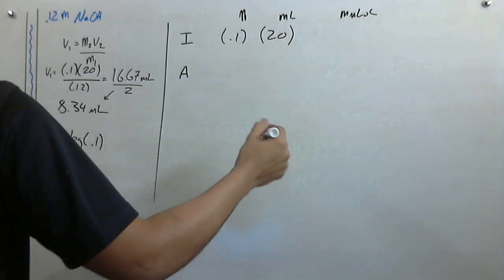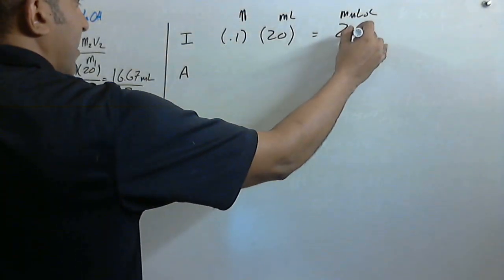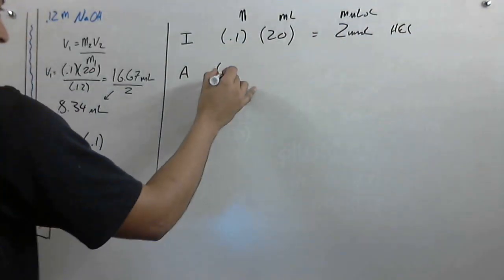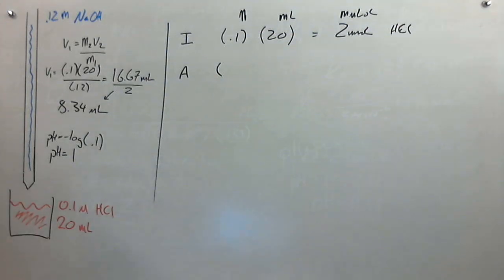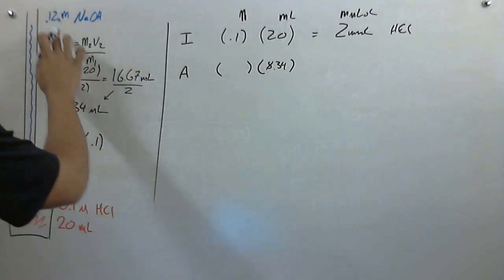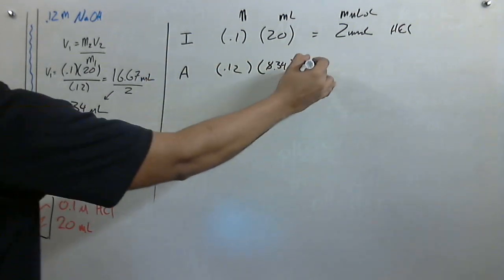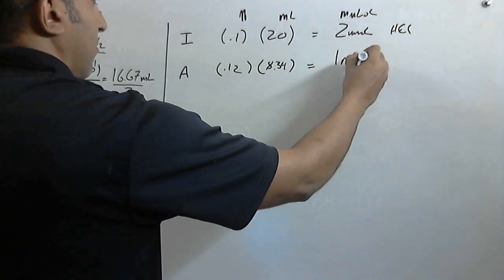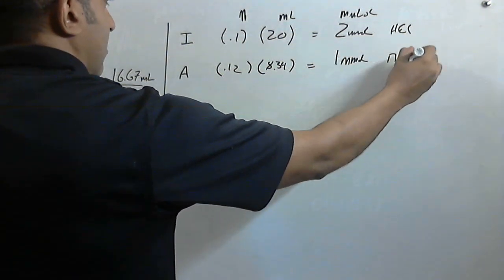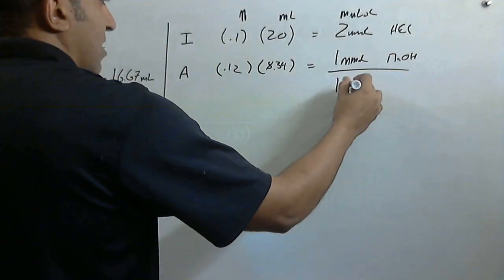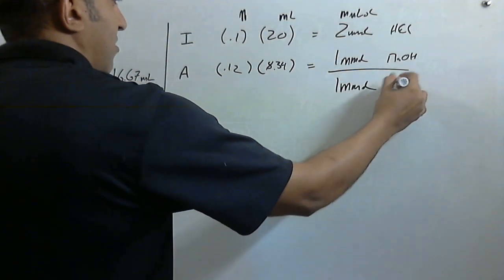So we have 2 millimoles of acid. We added halfway to the equivalence point, so we're going to add 8.34 milliliters, and we're going to say the molarity is 0.12. And then we're going to get 1 millimole of base. So if we add those together, we're going to have 1 millimole of HCl left.